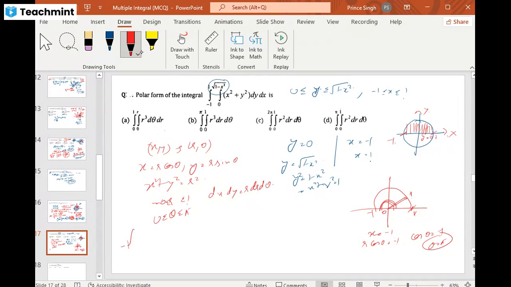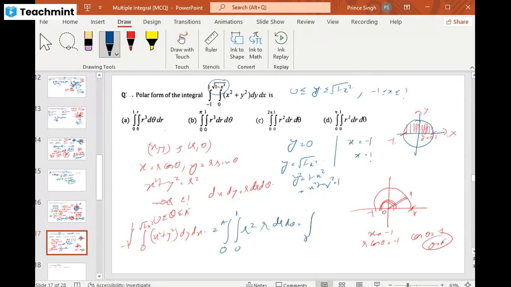So minus 1 to 1, 0 to square root of 1 minus x square, x square plus y square dy dx. Now this can be written as the limit of theta is 0 to pi, and the limit of r varies from 0 to the radius of the circle. x square plus y square becomes r square, and dy dx becomes r dr d theta.